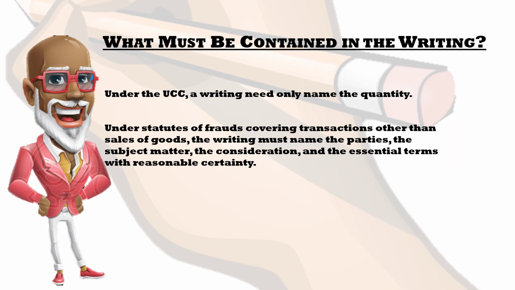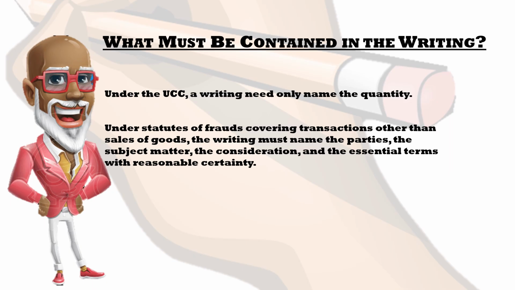Now, once again, hopefully you remember, what are the requirements of a valid offer? Reasonably certain and definite terms. Who, what, when, where, quantity, if applicable, and price. All of these things must be included under the statute of frauds.